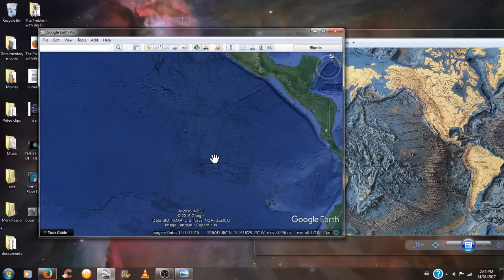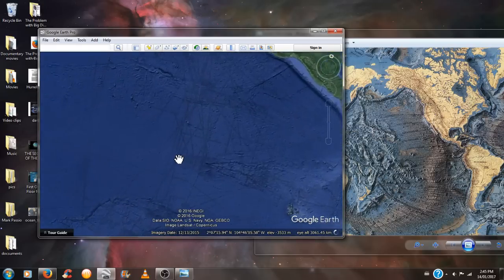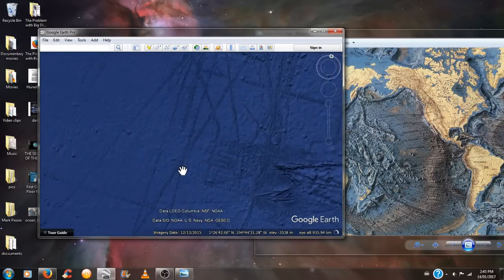One of them is that there's sonar mapping lines, okay, done by boats. But that doesn't really make any sense because when you zoom in on them, and I'm not going to do it right now, okay, you can do it if you want, but I've done it. These lines are like 6 miles across.